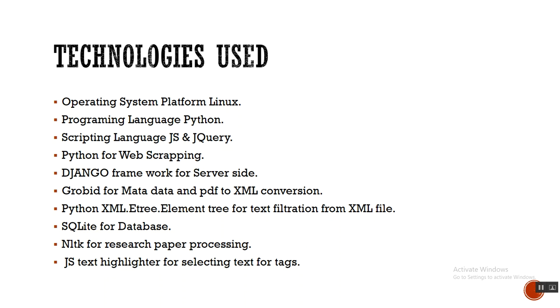Grobid converts the PDF into an XML file, and after that we are using xml.etree.ElementTree to filter the text from the XML file. We are also using SQLite as a database. We are using NLTK for the text processing, and a JavaScript text highlighter for selecting and highlighting the text on the web.